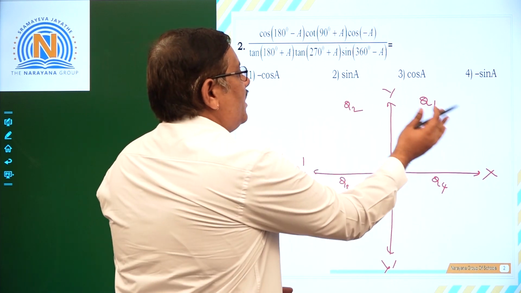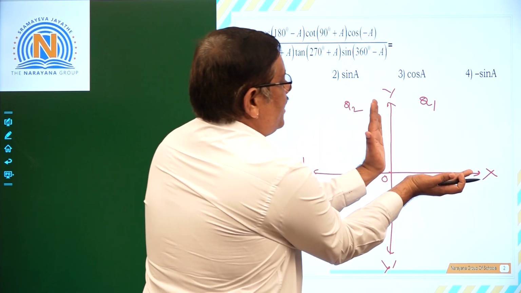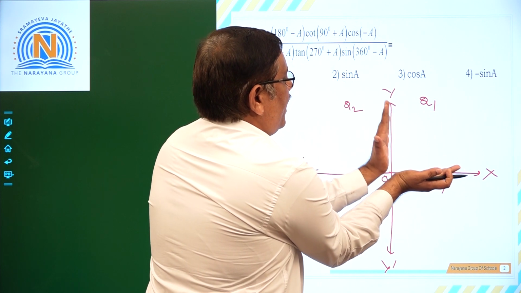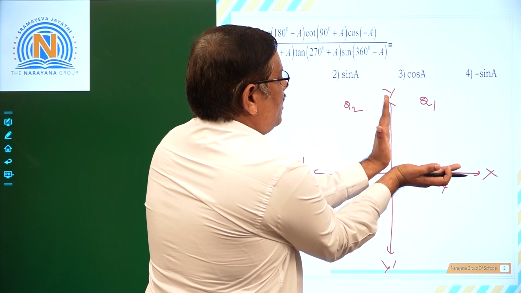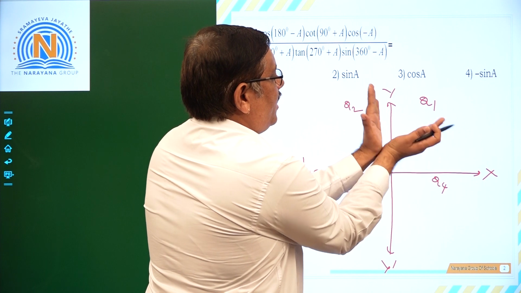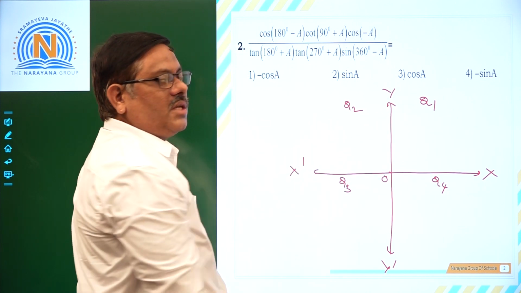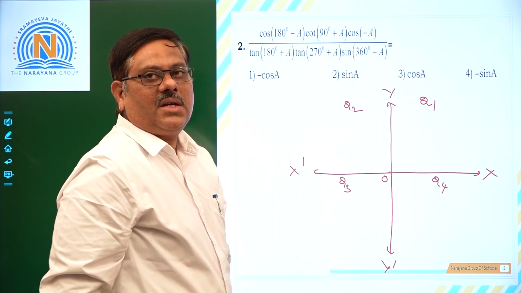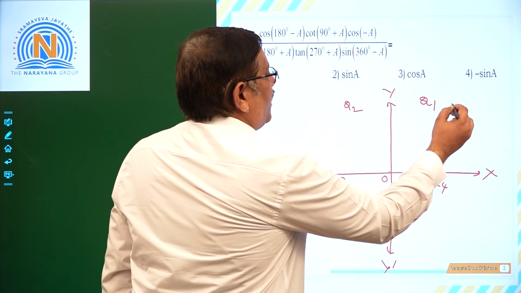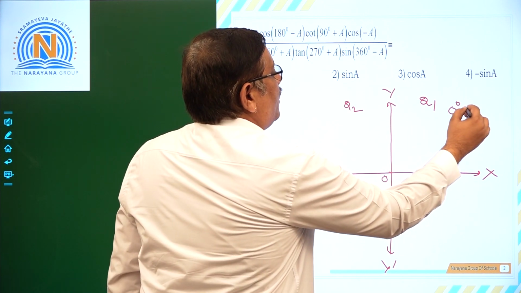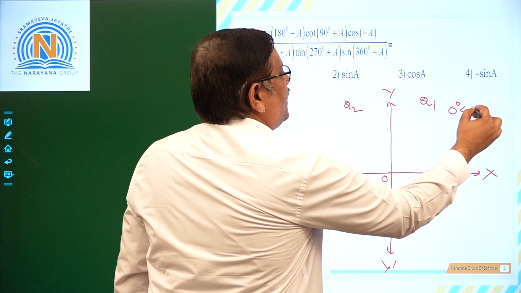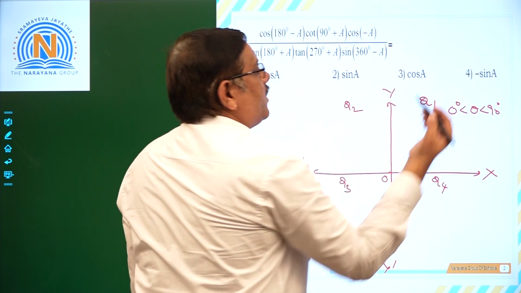In quadrant 1, the angle lies between 0 degrees and 90 degrees, because this is the perpendicular line and this is the horizontal line. The angle in between these two lies between 0 degrees and 90 degrees. So whatever theta you take, 0 degrees is less than theta less than 90 degrees. This is an acute angle.